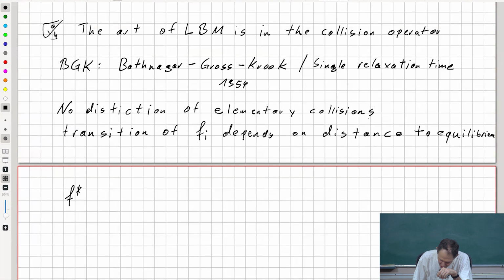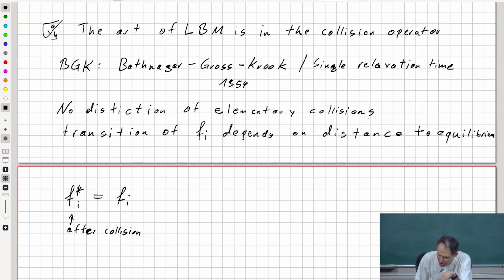It goes like this. So this will be our nomenclature, that this thing with the asterisk is always after collision.